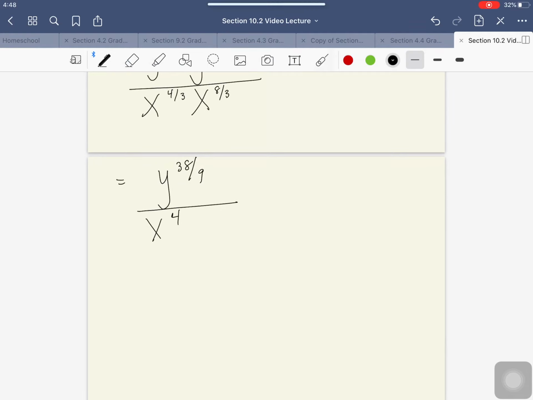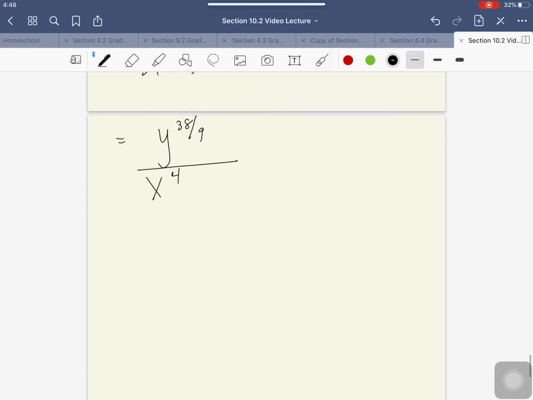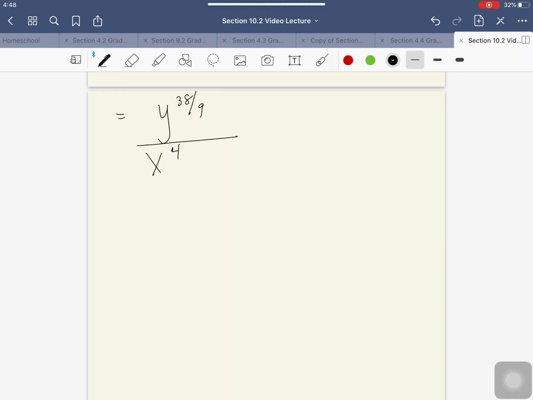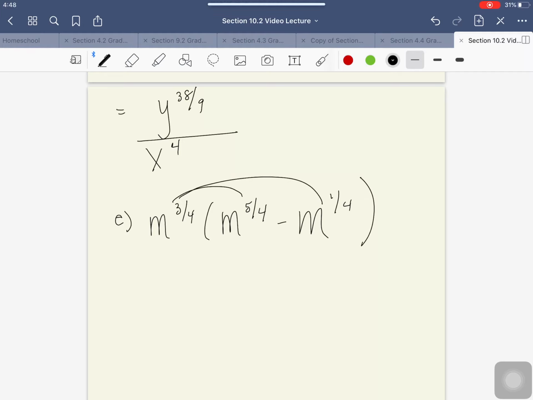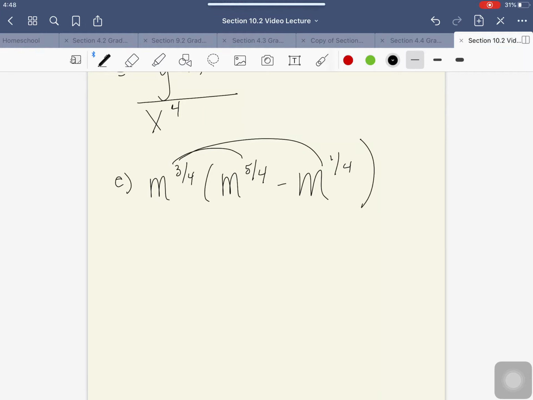All right, let's try one more. All right, so we're going to distribute, and since we're multiplying exponents of like bases, we would add the exponents.